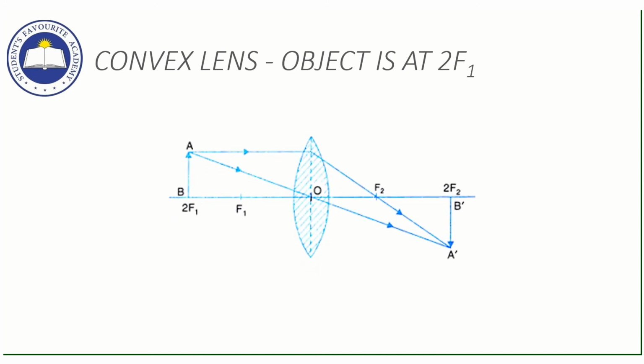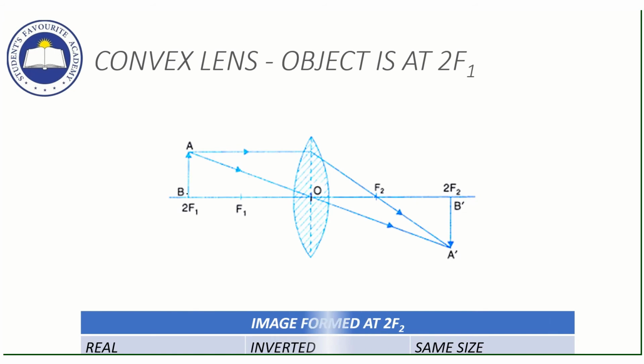Now when the object is at the center of curvature, AB is the object, this is 2f1, not the focal point, but the center of curvature. When the object is at 2f1, the image will be formed at 2f2.